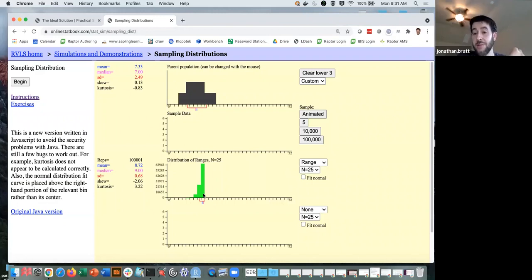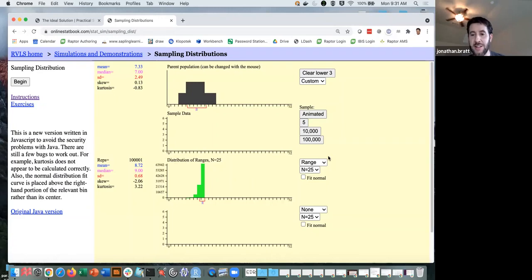So for this particular statistic, the range, it makes sense to, instead of taking the mean, take the max, right? The max of my sample range is a better estimate of the range of the parent population. The mean would be a biased estimate because it's systematically low.